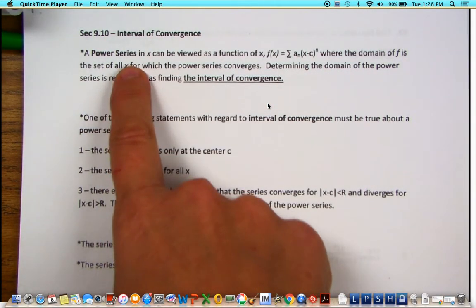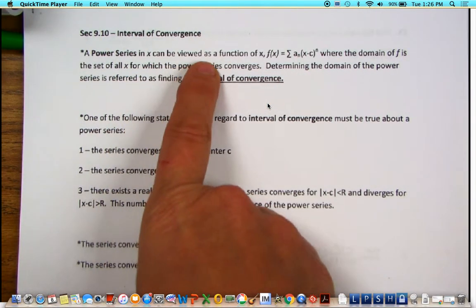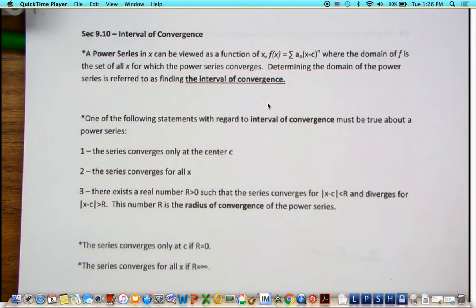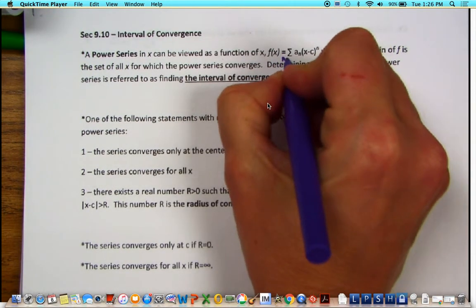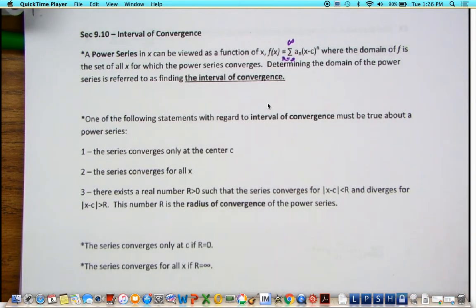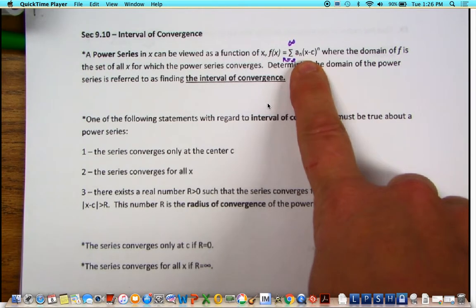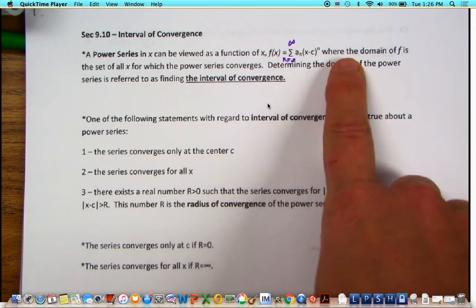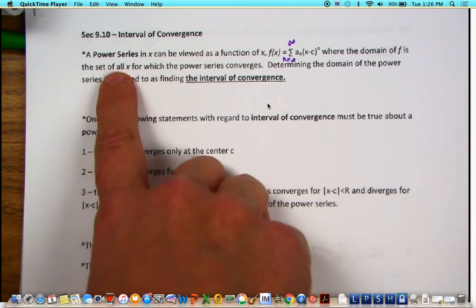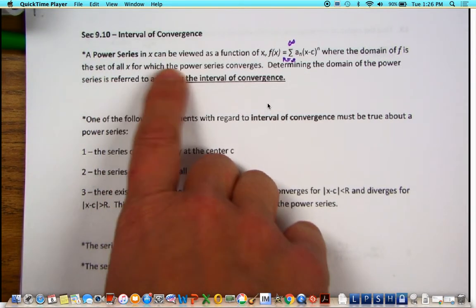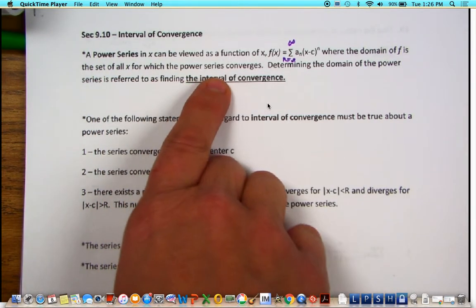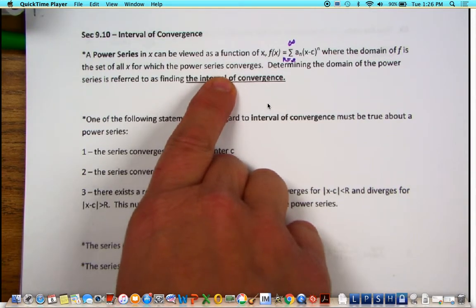So a power series in x can be viewed as a function of x, where f of x is the sum from n equals 0 to infinity of a sub n times (x minus c) to the n. That's just describing a power series. The domain of f is the set of all x for which the power series converges.